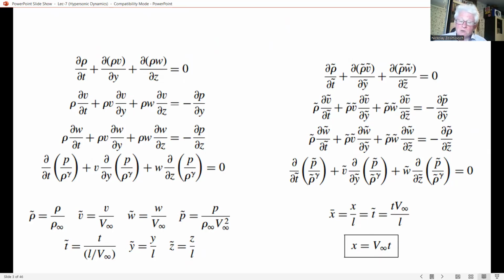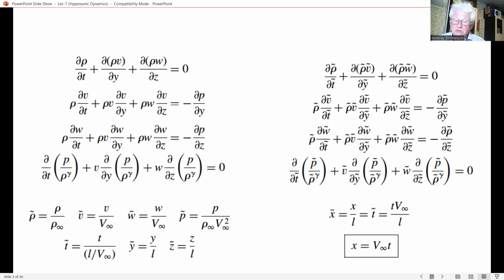Simply stated, we have the hypersonic equivalence principle: the steady hypersonic flow over a slender body is equivalent to an unsteady flow in one less space dimension.